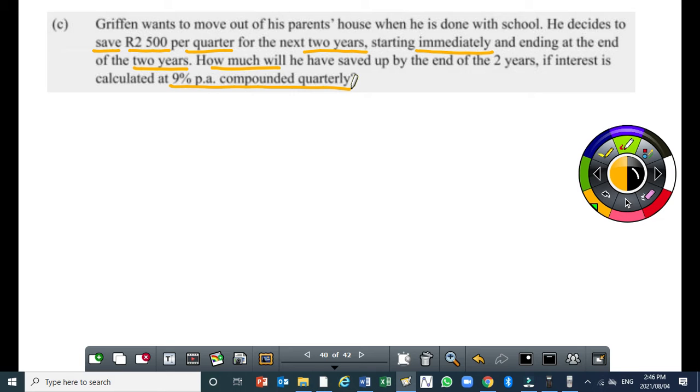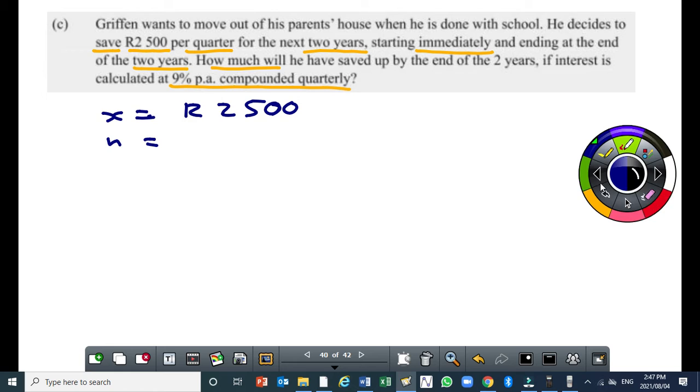First thing, let's list the information we have. First, our X is 2,500 rand. Our N is the number of payments.